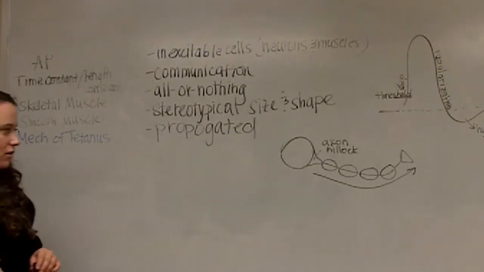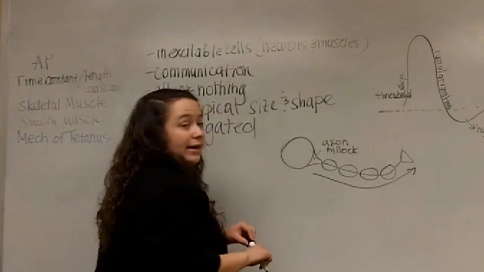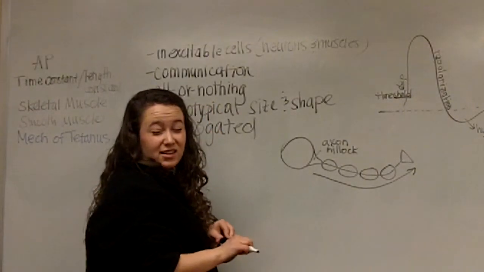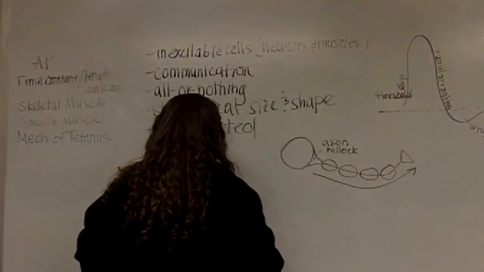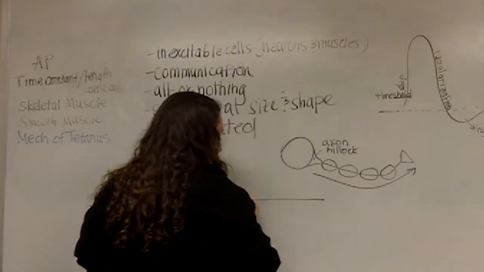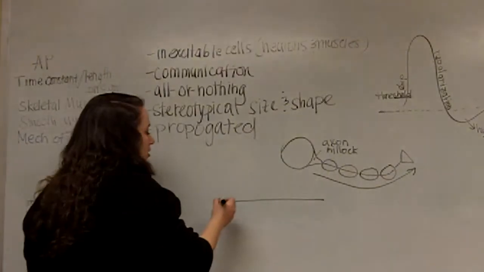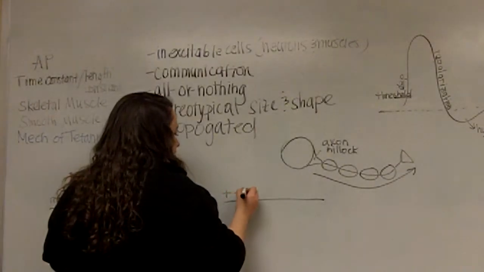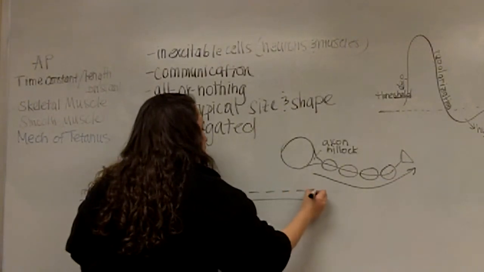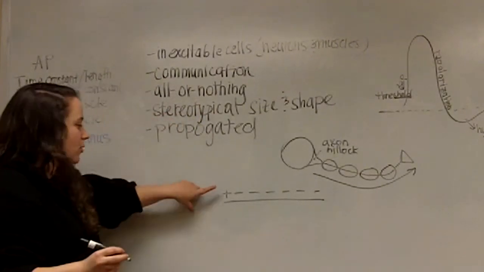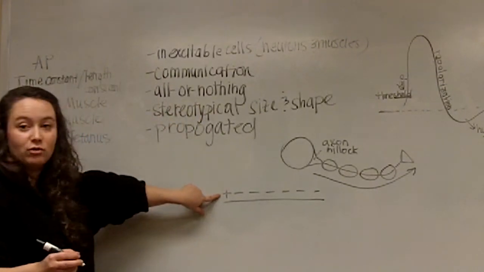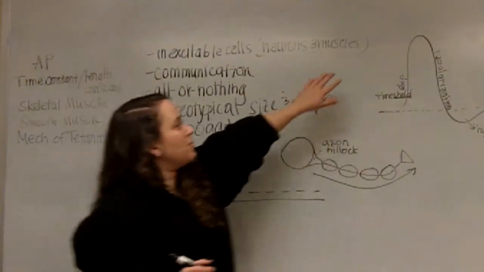Okay. And the reason that it can only travel one direction is, I think you may have talked about it in class, but I don't remember, if this is your axon, the edge of the axon, you have a positive charge and all the rest of these are negative. This is where you've had the action potential travel to already, because it's up here in the positive.